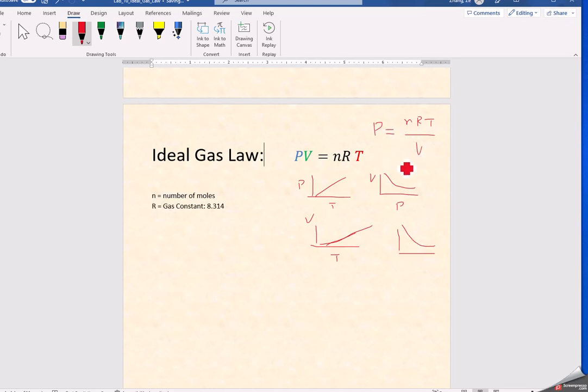Or you can solve this the other way: V equals nRT divided by P. So there is V and P. Basically it says if you make the volume large, you have less pressure. If you squeeze the volume small, you have a higher pressure.